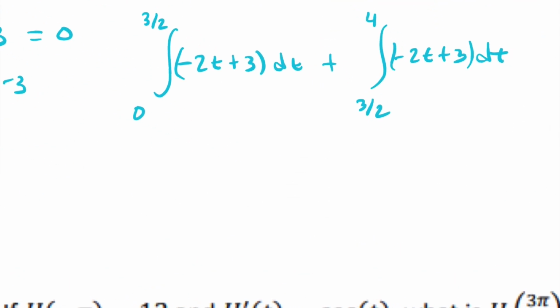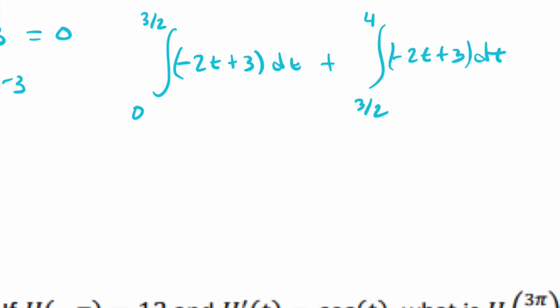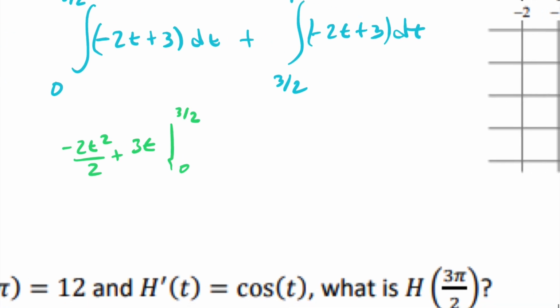But let's do this one by hand. So we have negative 2t squared over 2 plus 3t from 0 to 3 halves, plus, you know what? Let's just keep this more simple.